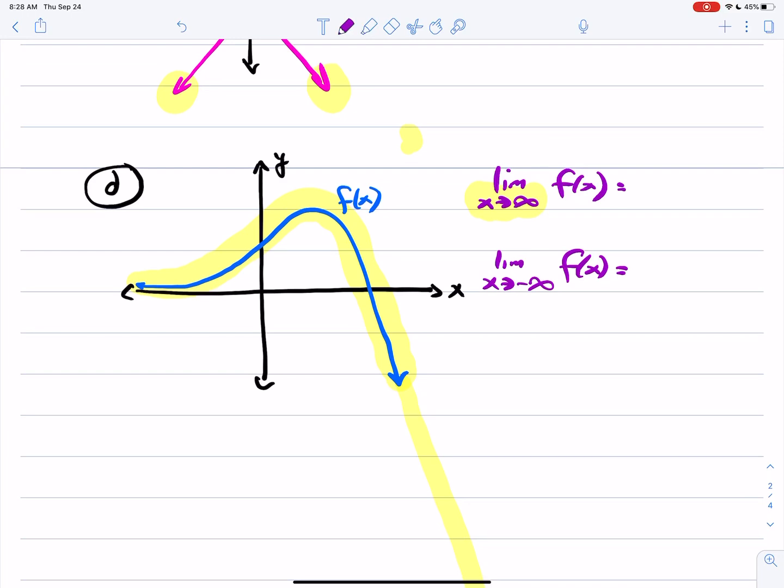So far down is just negative infinity. Hopefully you guys got that one, okay? That's the easier one of the two. Now here, as x is approaching negative infinity, we're walking to the far left. So as I'm walking to the far left here, okay, what is it approaching?